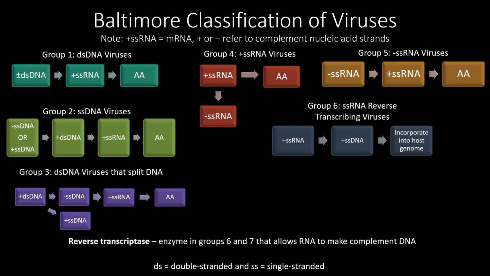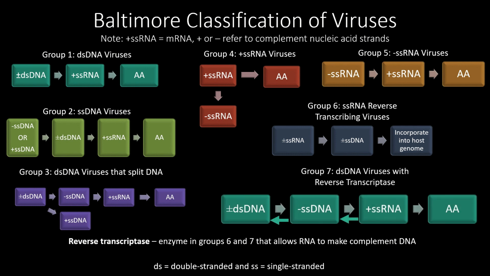In Group 6, they have 2 copies of single-stranded RNA genomes that must be converted using the enzyme reverse transcriptase. This takes the single-stranded RNA and uses it to build the complement single-stranded DNA. Afterwards, this DNA is then inserted into the host genome where transcription of mRNA happens.